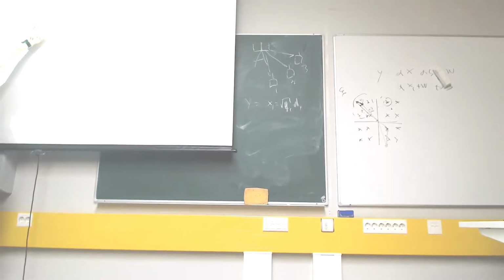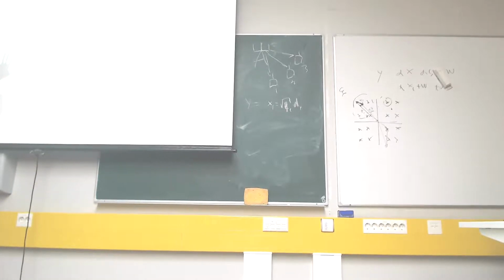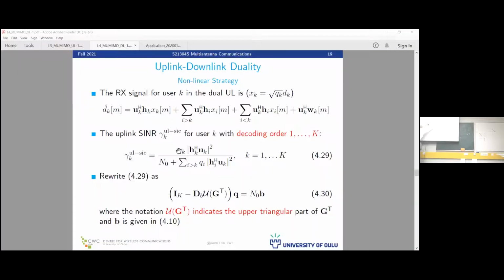And then we have these two interference parts, for i smaller than k and i larger than k. Now we are in the dual uplink, so we can assume MMSE-SIC, okay?